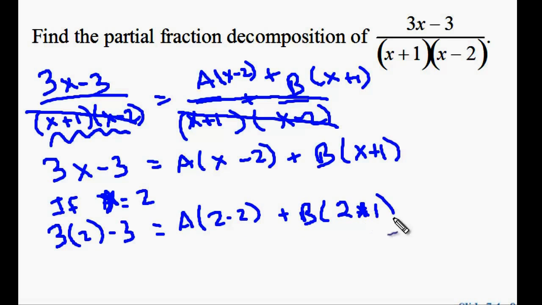On the left-hand side, we get 6 - 3 = 3. And on the right-hand side, we have A times 0. The A is gone, and we're left with B times 3, or 3B. We'll divide through by 3, so B is equal to 1.